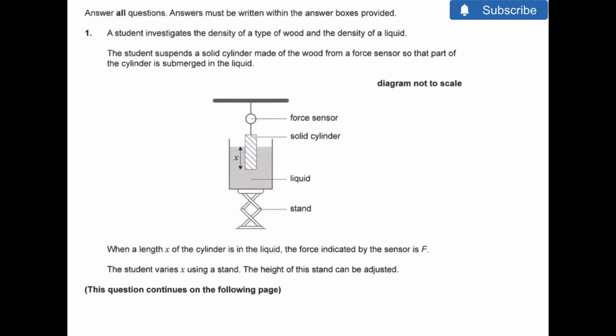Now, when a length x of the cylinder is inside the liquid, the force indicated by the sensor is F, and the student varies x using this stand. The height of the stand can be adjusted.